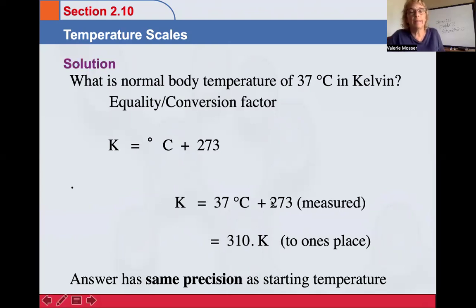Because when you add, your answer has to have the same precision as the least precise value. These are both precise in the ones place, so that means this 0 has to be precise as well. So they're both precise in the ones place, so this answer has to have the same precision. So we have to make that 0 a significant 0 by adding the decimal.